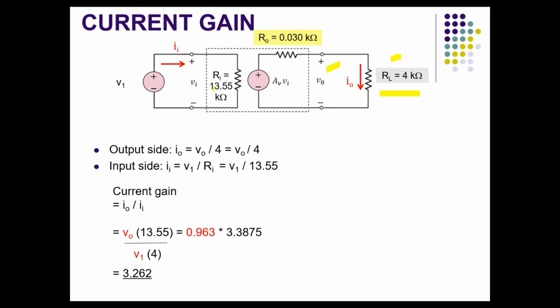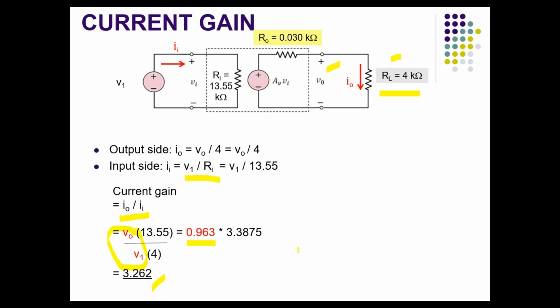Because Vi is equivalent to V1, so it's just V1 over Ri. We know that Io over Iin is the current gain. So you can see that once you rearrange, you will get the voltage gain over here. So you just multiply with 3.3875, which is the result of 13.55 over 4. Okay, so this is the current gain.